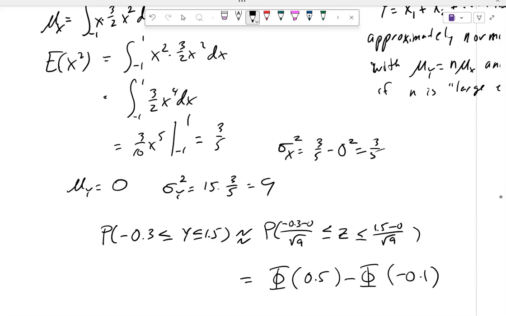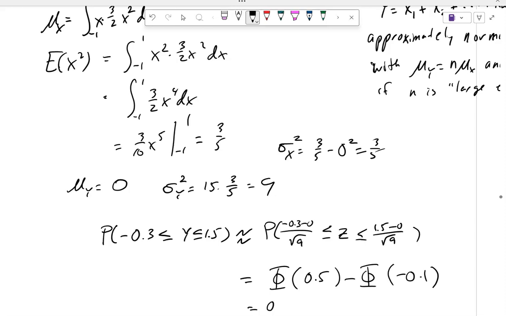And without flipping over to a normal distribution table, let me just go grab it. Maybe, if I can find my normal distribution table. Where is it? Pi squared. Oh, that's t. My pages must be stuck together. There we go.